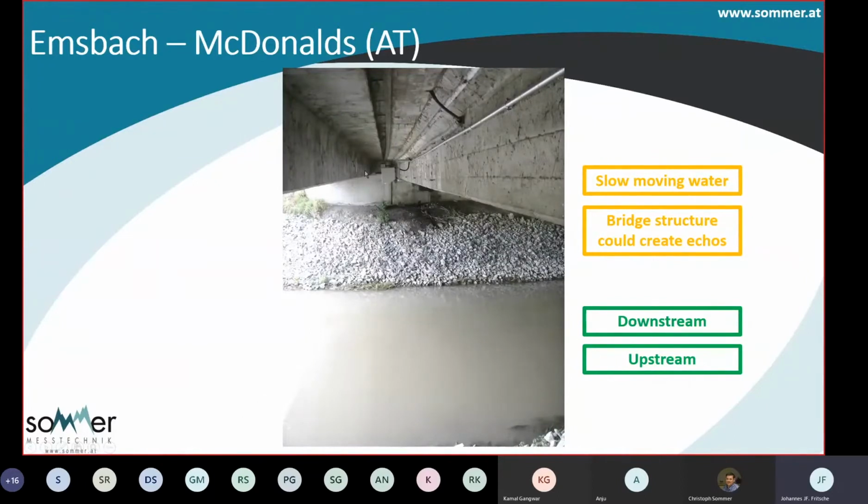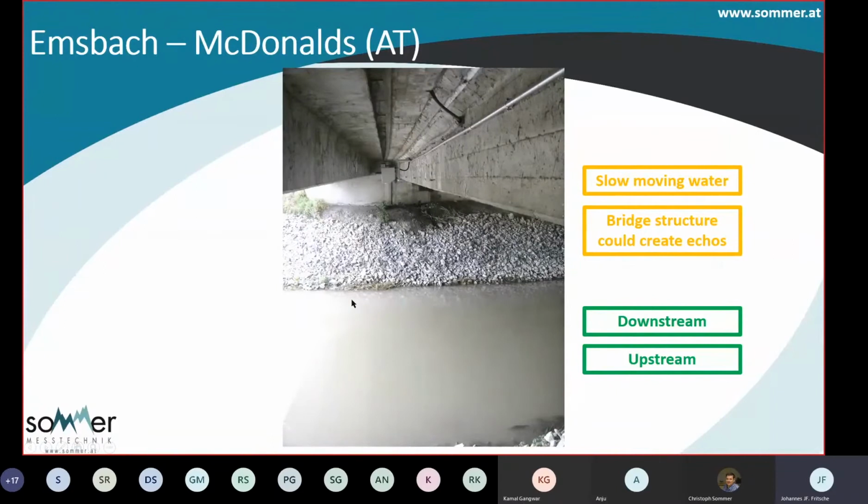This has the advantage that it's protected from rain and protected from vandalism, but on the other hand, the specific structure of this bridge, with its T shape here, can lead to reflections of your radar signal and produce some secondary velocity readings, especially when the water surface is very smooth and we don't have many waves that can be detected.